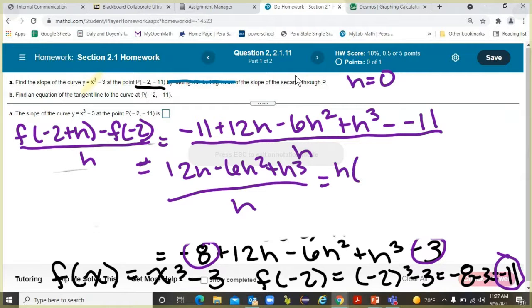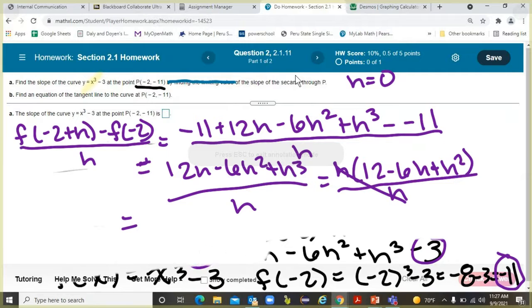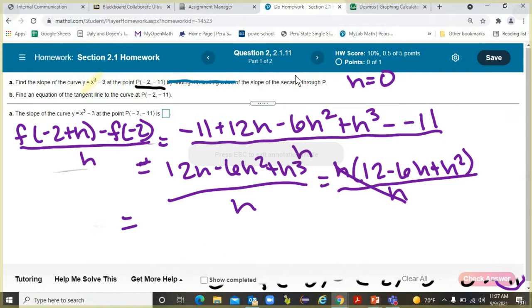Notice everybody on the top has an h. I can factor that out. The h's cancel. And we now have 12 minus 6h plus h squared.